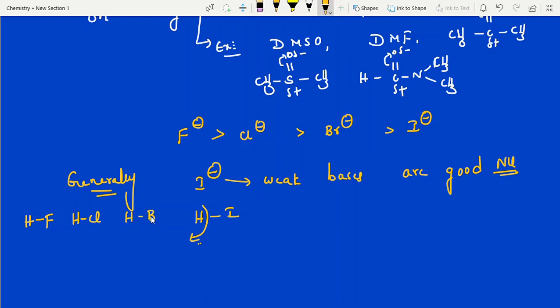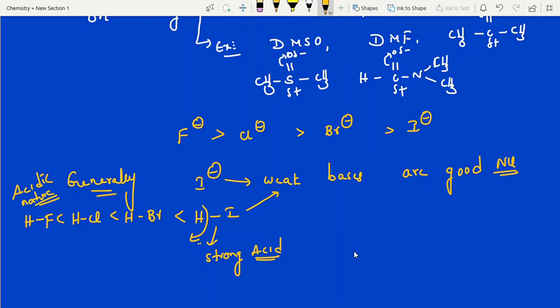When compared to all cases, HI is the strongest acid, right? That is the acidic nature. In previous videos I also explained this, and in inorganic chemistry, 17th group elements, I have done those parts, so go through that. Strong acid gives weak bases. Weak bases are good nucleophiles.